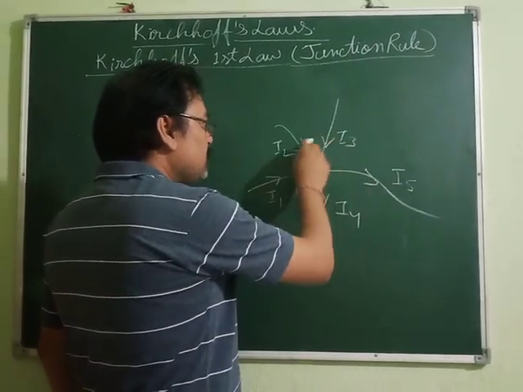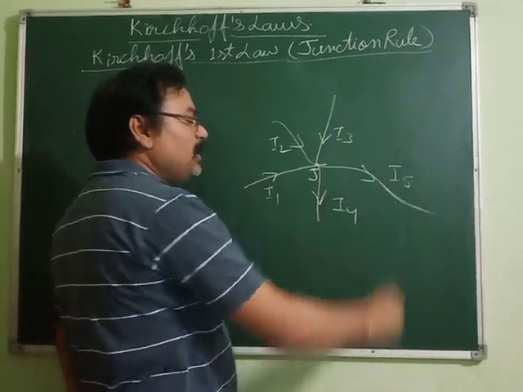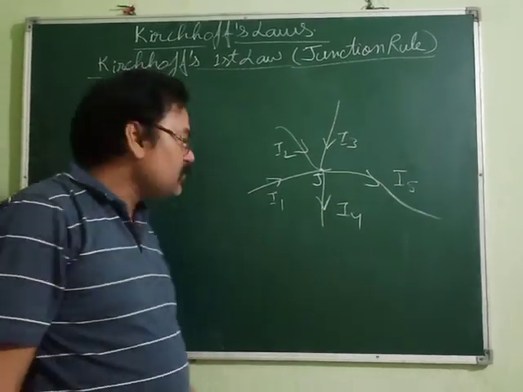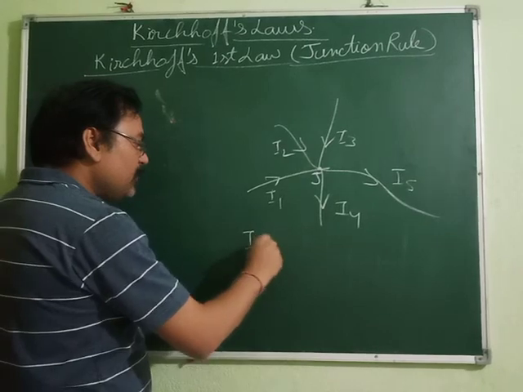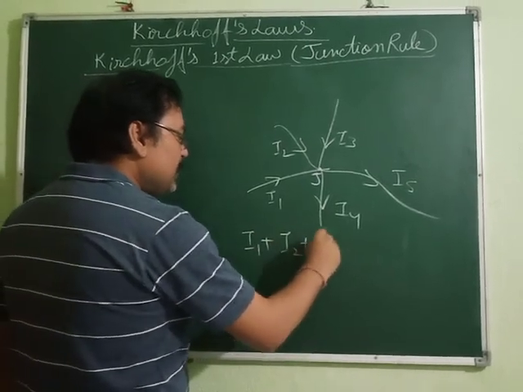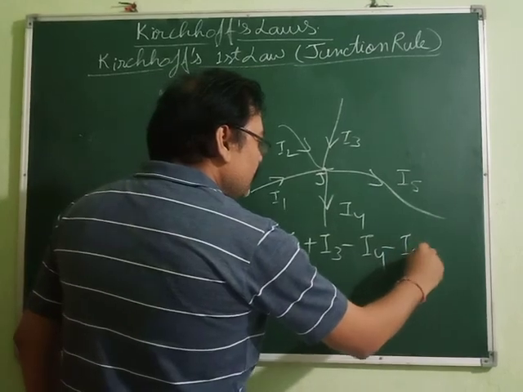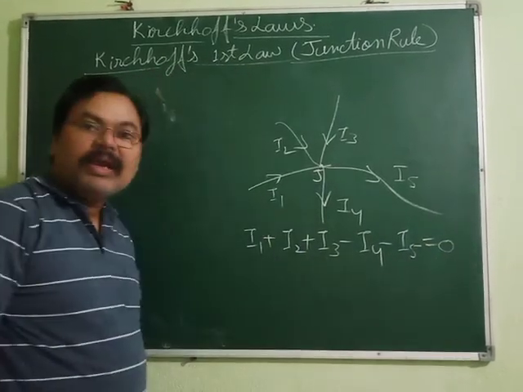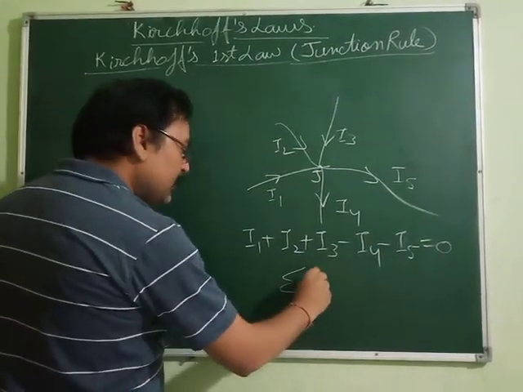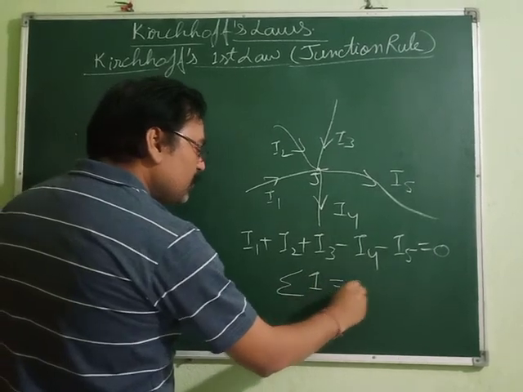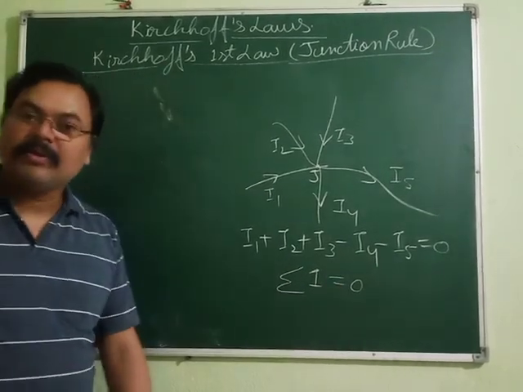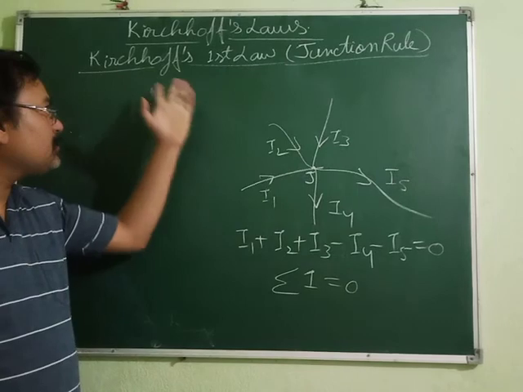So these three are going to be positive, these two are going to be negative. When you add them, you get I1 plus I2 plus I3 minus I4 minus I5 equal to 0. And in short you can write, equal to 0.